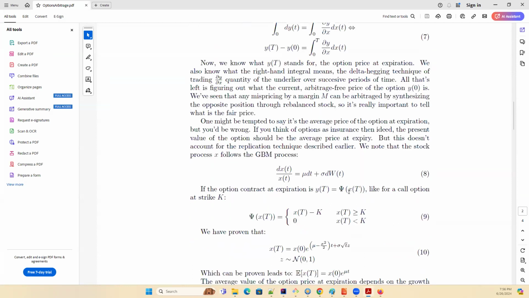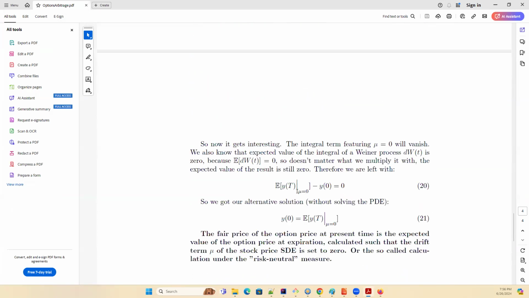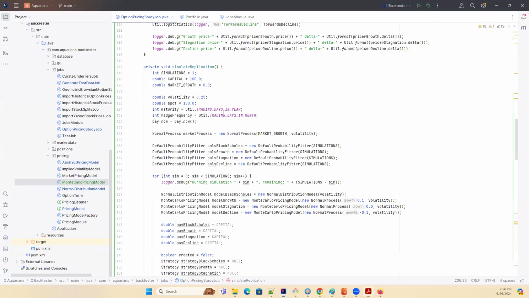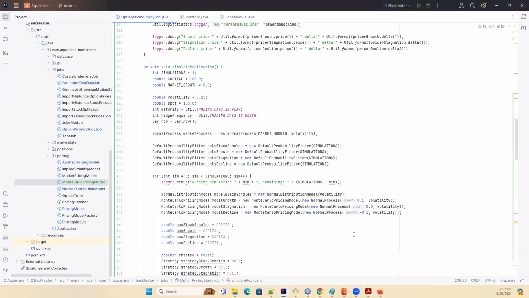So the expected value of the option should be computed as if there would be no growth in the stock process, even though there can actually be growth in the market process, but the pricing that we use must not have one of them.